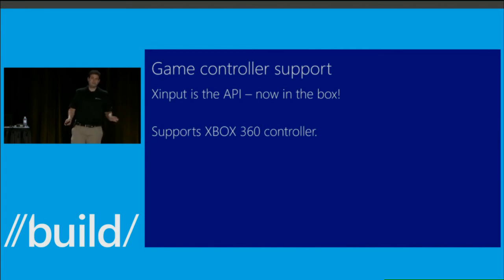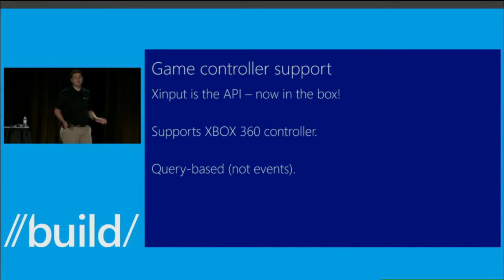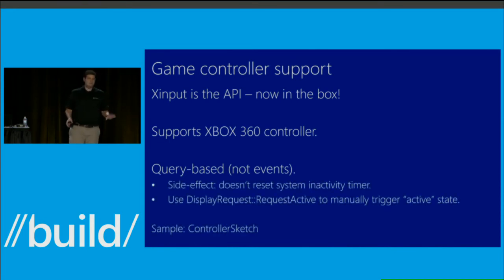Now, one notable difference about XInput versus the other input APIs is that XInput is query-based, not event-based. As a side effect of this, when you're controlling your game with a controller, input events don't actually end up resetting the inactivity timeout for the system. So if the user is controlling their game entirely with a controller, the screensaver will turn on after 15 minutes without any intervention.